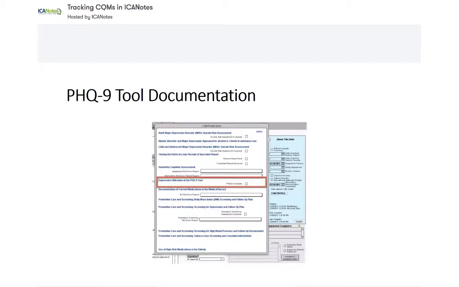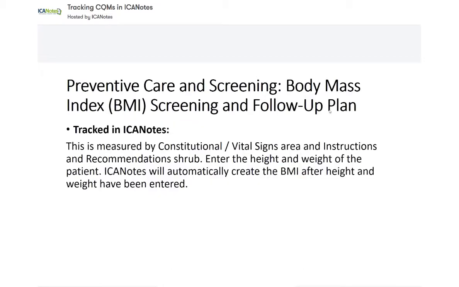Next, we're going to be moving on to preventative care and screening on the BMI. So I'm going to switch down to the preventative care and screening. This is your body mass index and follow-up plan. In the program, I'm showing you right here where it's measured, but the measure description is percentage of patients 18 years and older with a BMI documented during the current encounter or during the previous 12 months and with a BMI outside of normal parameters.